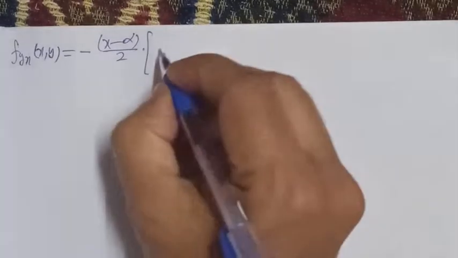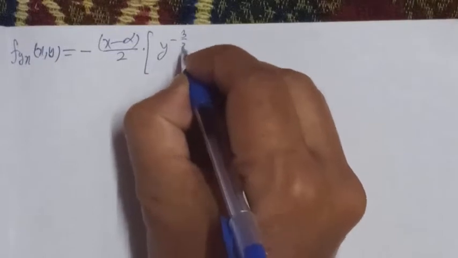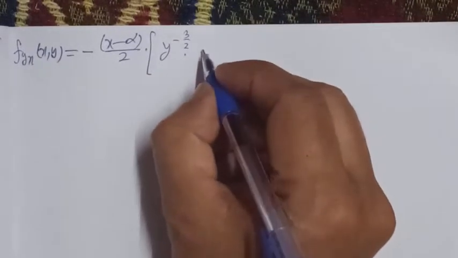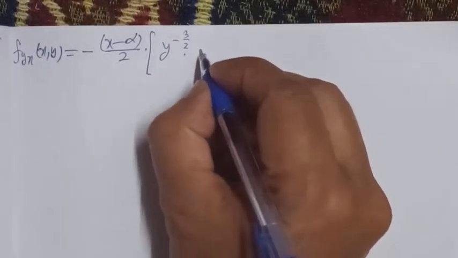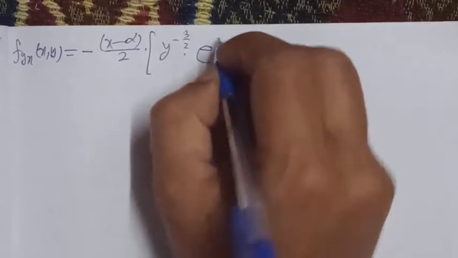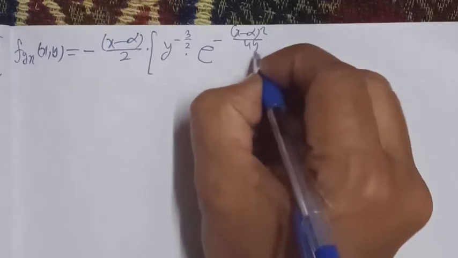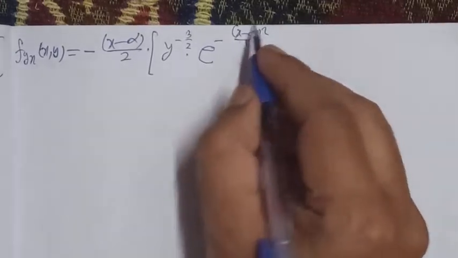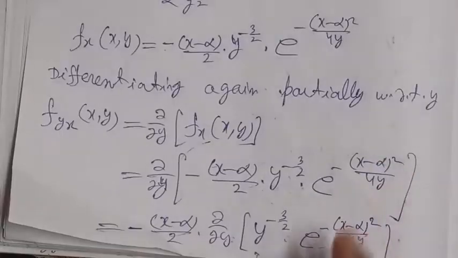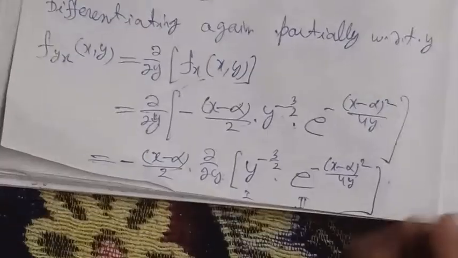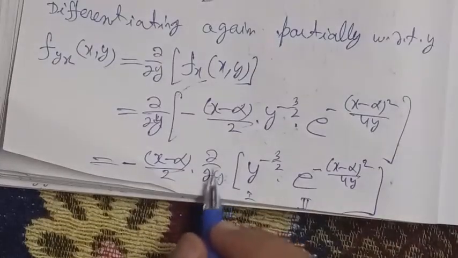First function as it is, y to the power minus 3 by 2, times differentiation of the second function, which is e to the power x giving e to the power x, therefore e to the power minus (x minus alpha) whole squared upon 4y. But the exponent is not y, because we differentiate it with respect to y.